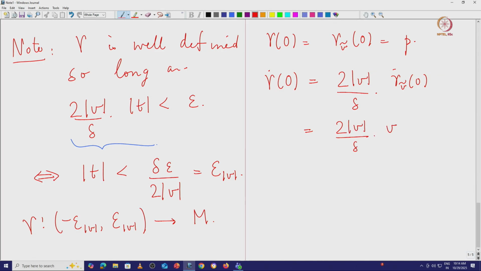By our choice, that is precisely v tilde. On the other hand, by the way we chose v tilde, this is precisely equal to v, right. So gamma satisfies the required initial conditions and it lives on this interval. So this proves the corollary.